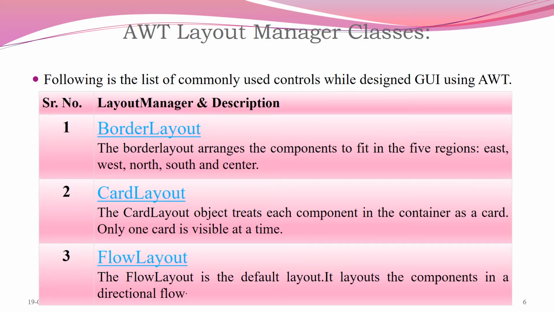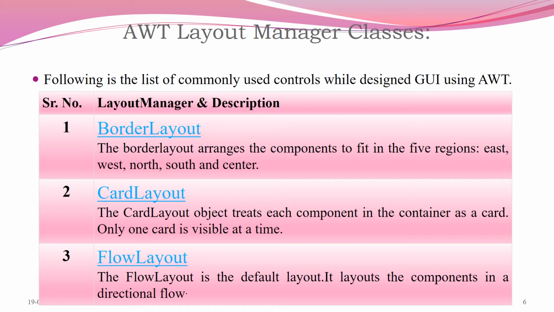The AWT layout manager classes. So there are types of layout manager classes. So first one is border layout. This is one type of layout manager. So what does the border layout do?